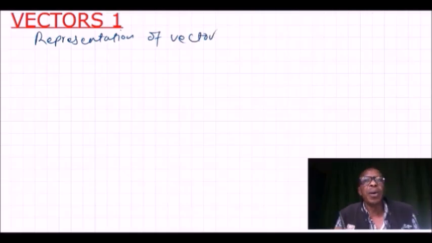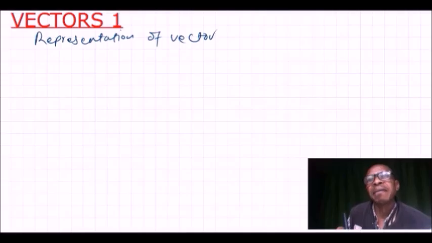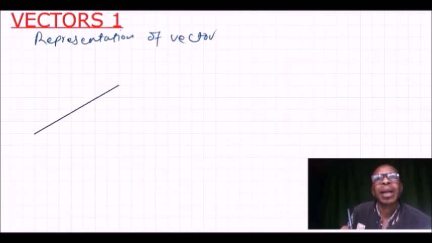Now, since we have defined a vector to be represented by a magnitude and direction, when you draw a vector, you must indicate the direction. For example, if this is vector AB, then it has direction and it has magnitude.